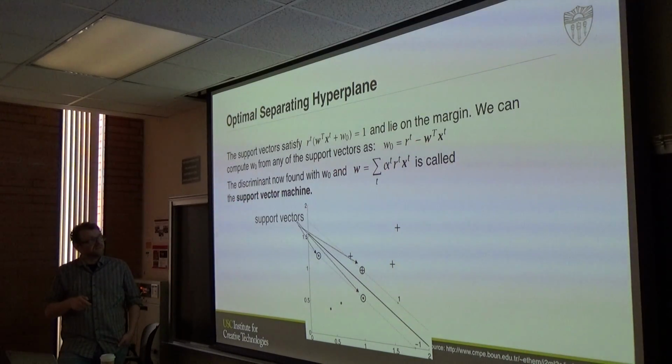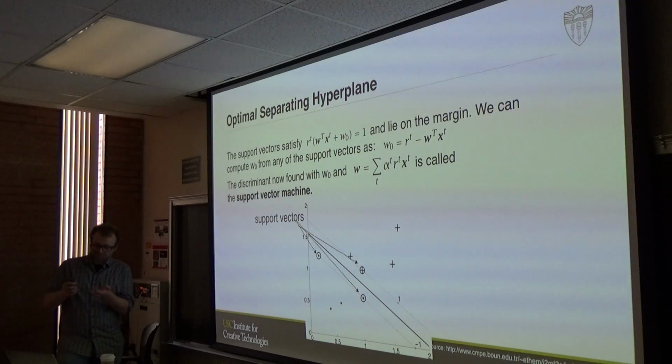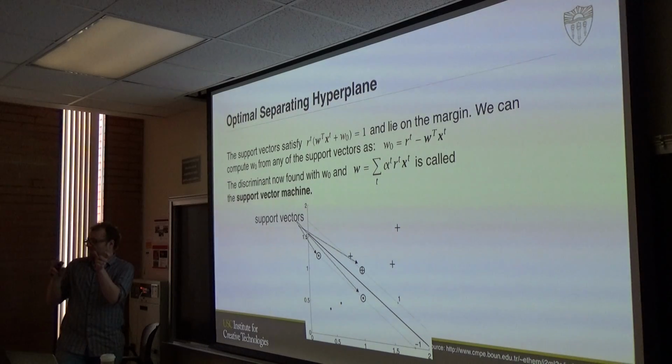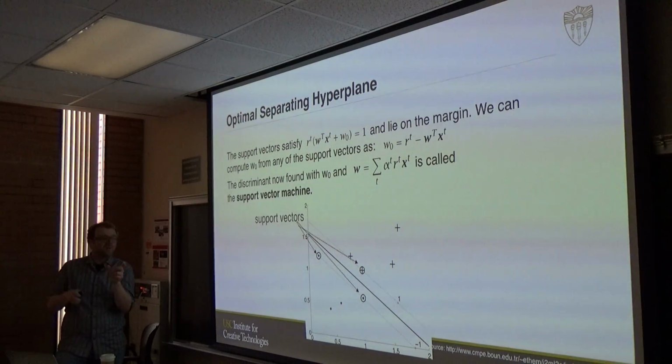It's basically this formula with our W defined as alpha times our input vectors. So this is like the responsibilities for each of the data points with respect to the hyperplane.